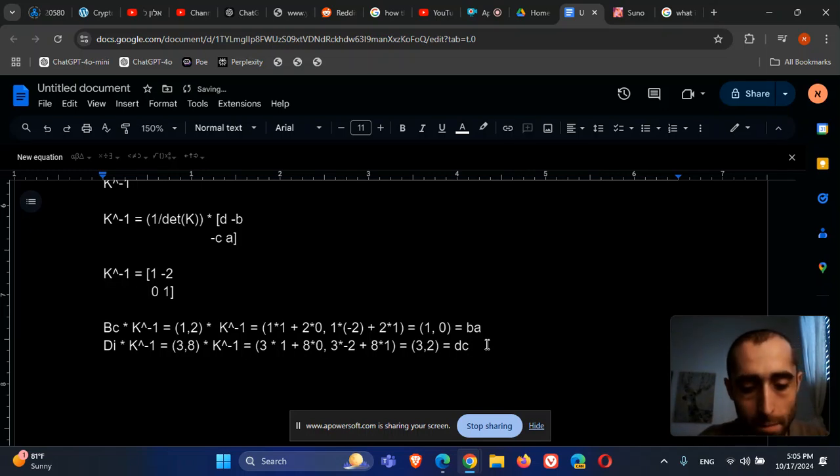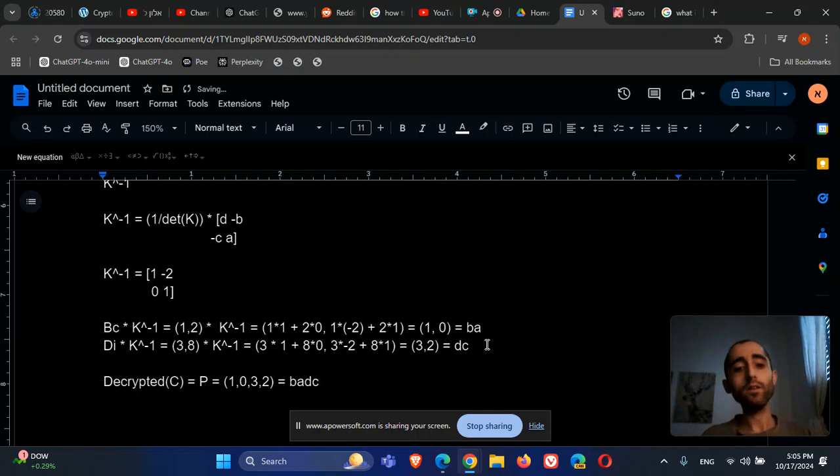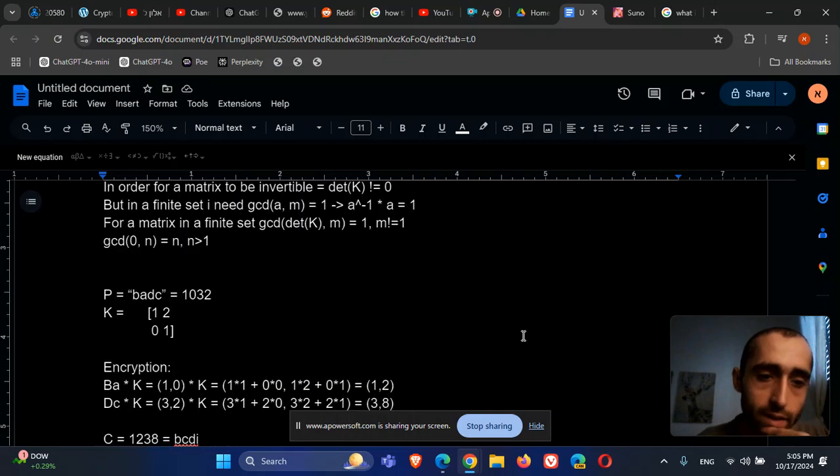Anyway, the decrypted ciphertext, which is the plain text, is 1, 0, 3, 2, which is B, A, D, C. And here it is. We decrypted the data using the inverse of the matrix. So this is the idea of the Hill cipher.